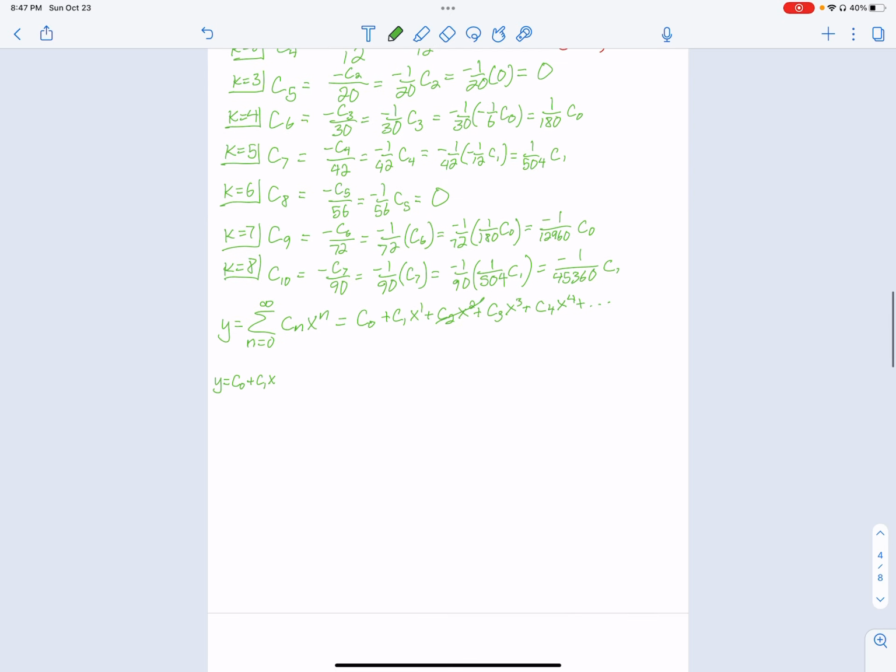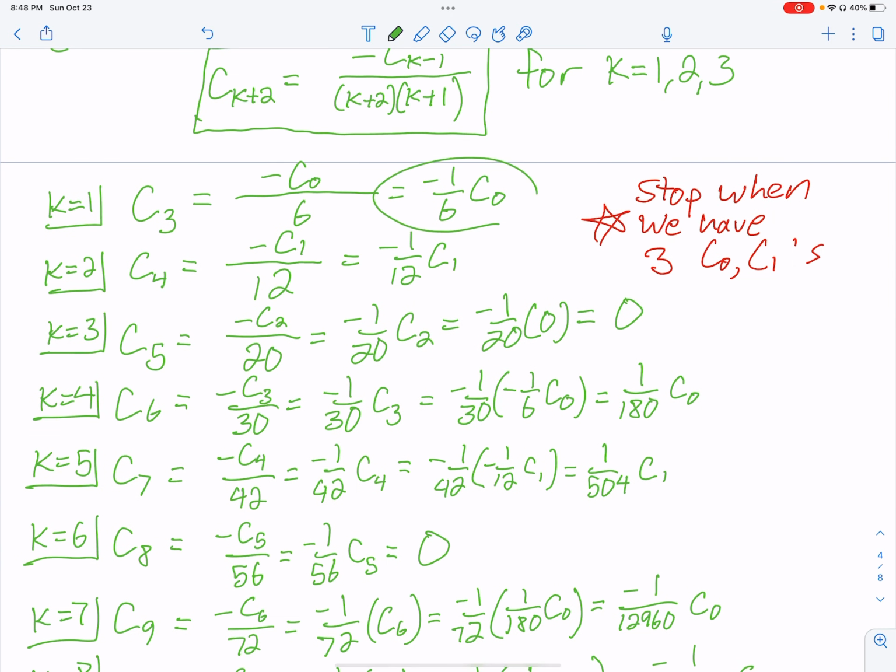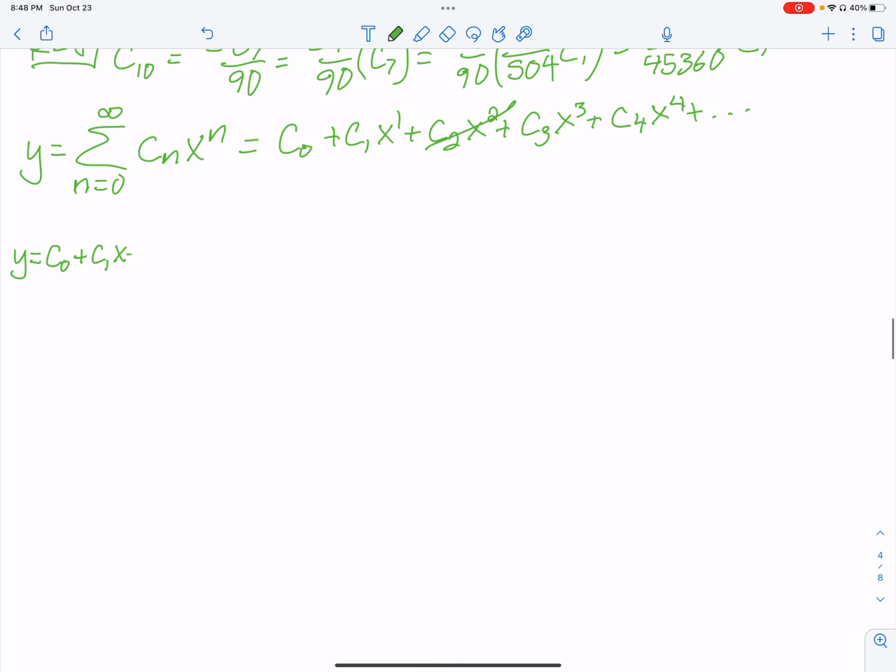Now I do c_3 x^3. If I scroll up, c_3 was right here: negative 1/6 c_0. So I get negative 1/6 c_0 x^3. Now I do plus c_4. If I scroll up, c_4 was negative 1/12 c_1, and then I keep x^4.